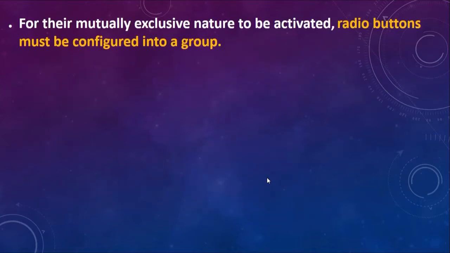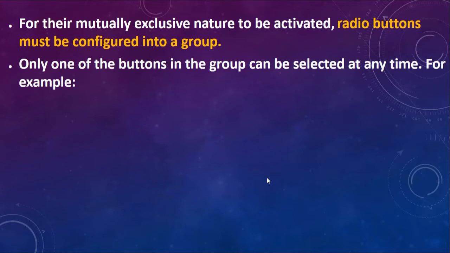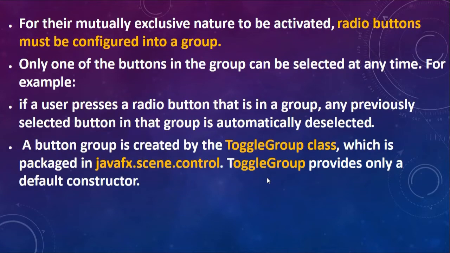For the mutually exclusive nature to be activated, the radio buttons must be configured into a group. If you don't configure them into a group, how will they become mutually exclusive? So whenever you create radio buttons, you will have to create a group, and that group is called a ToggleGroup.